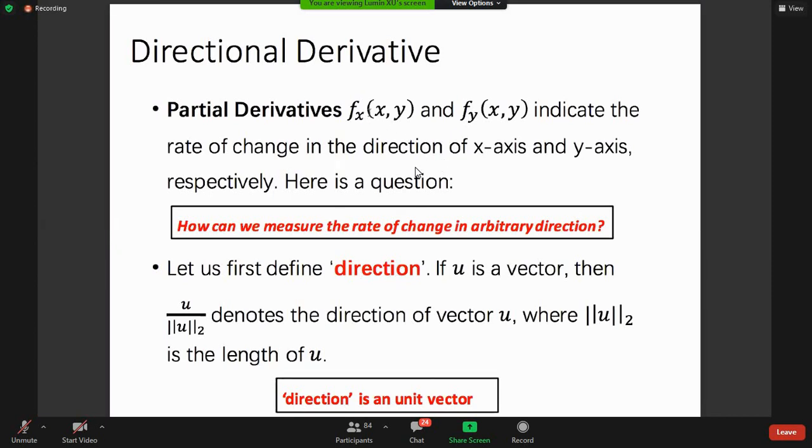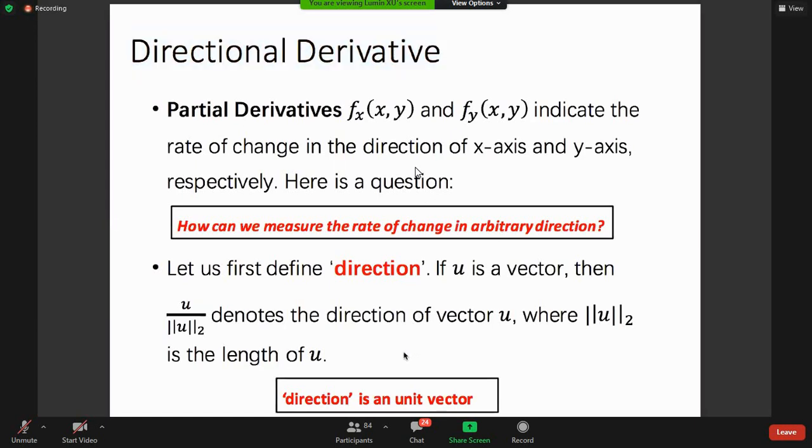Partial z partial x, we only know the change in the direction of x, and partial z partial y, we only know the change in the direction of y. And if we would like to know the change in an arbitrary direction, we should use this one, right?